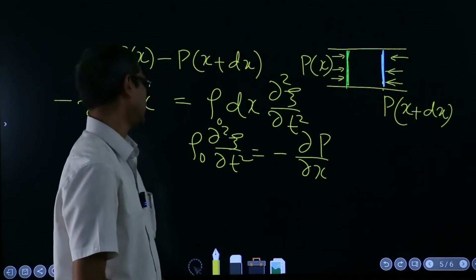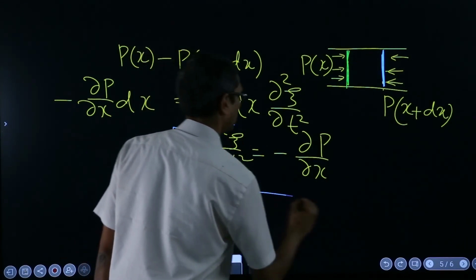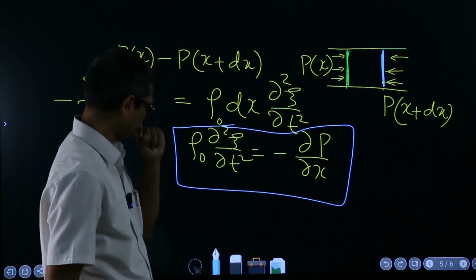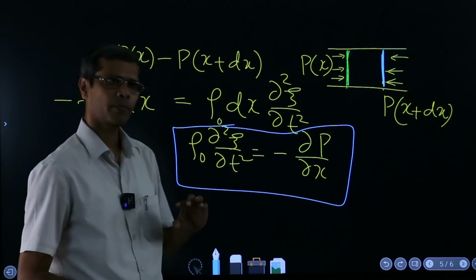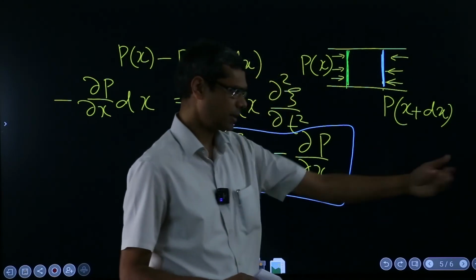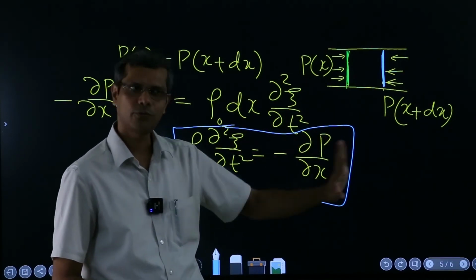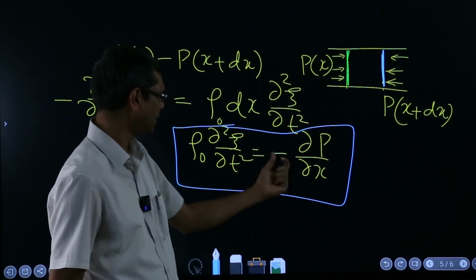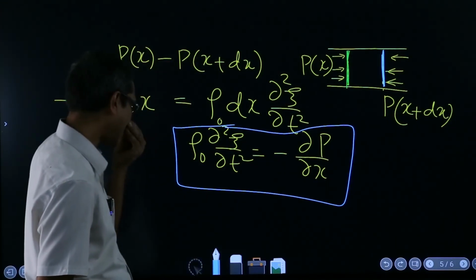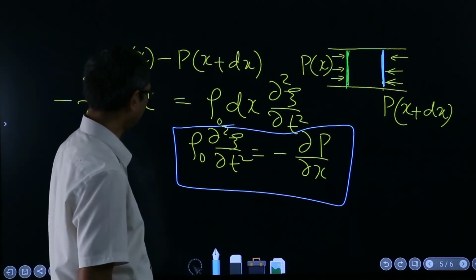In a sentence, what do you say? If there is a decrease in pressure as you look forward in the positive x direction, then there will be a forward force acting. If it is an increasing pressure, then it will be a backward force. Okay, and this is just Newton's law of motion.